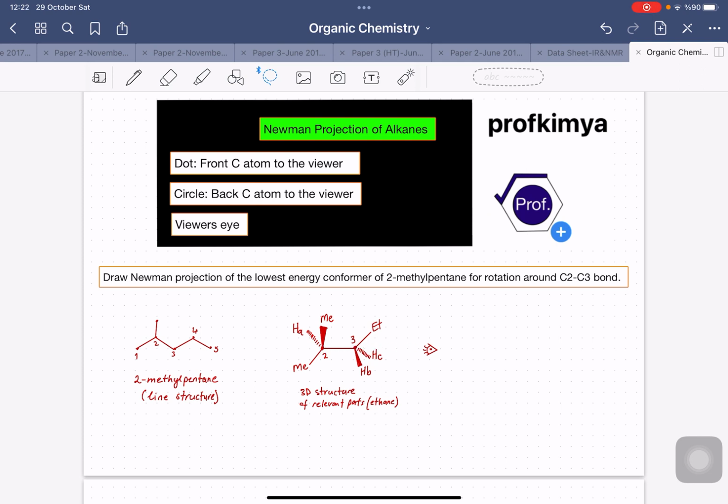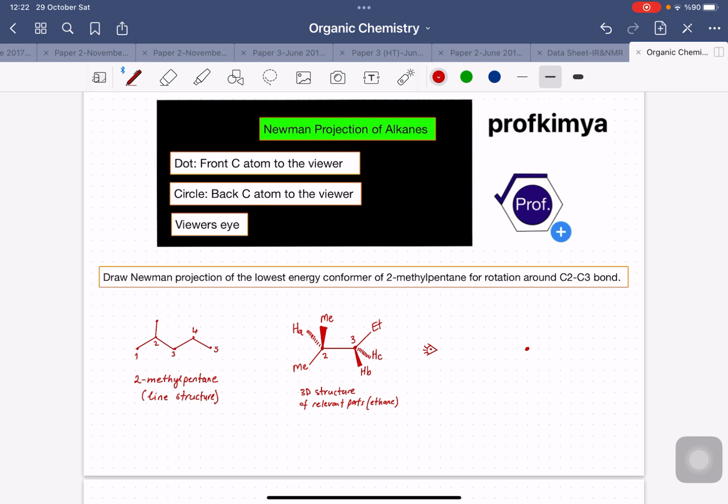This one is the farthest one. Closest carbon atom C3, further carbon atom is C2, or we can call this front carbon atom, back carbon atom, from the viewer. Closest carbon atom to the viewer is shown as a dot.